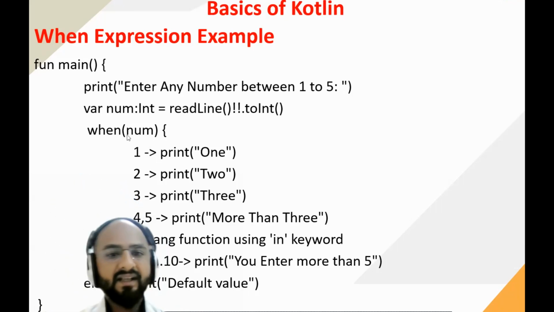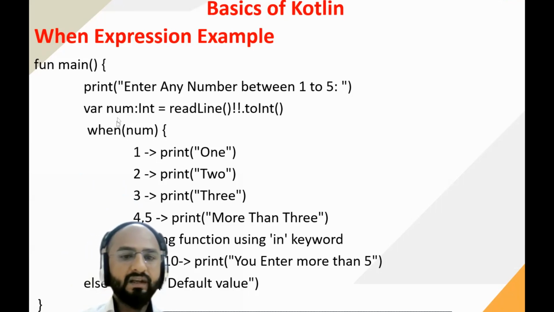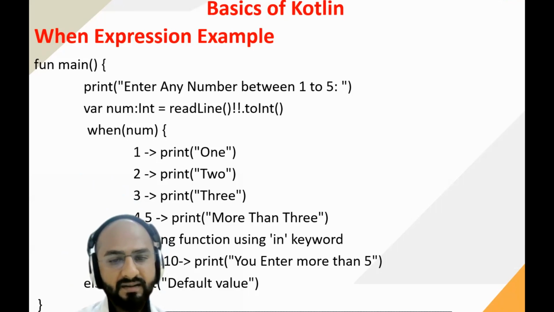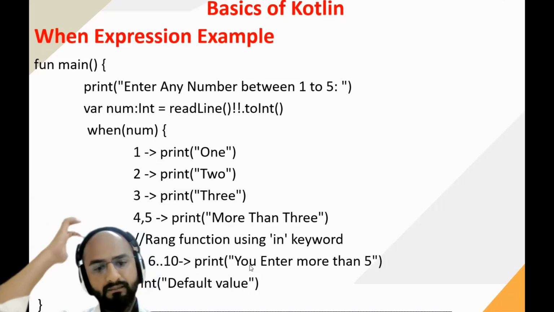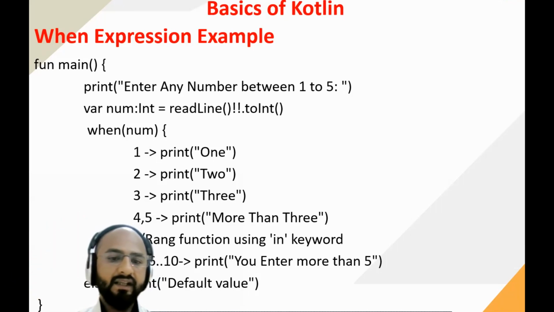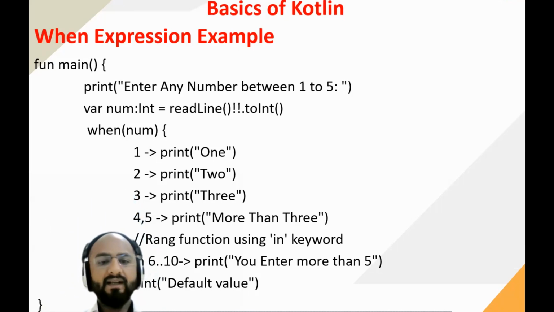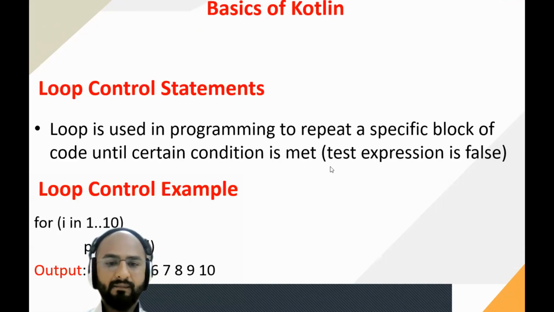It means that in the number variable, the range that we are providing is from 6 to 10. So if the number variable has a value of 6, 7, 8, 9, or 10, it will print "you entered more than 5". And if the user has entered a different value, then we have printed the default value as the input.